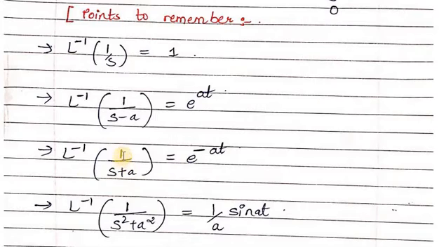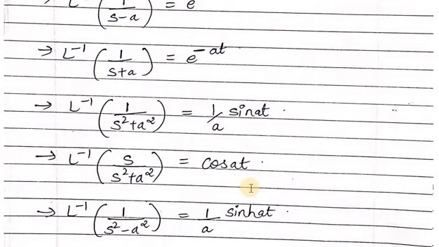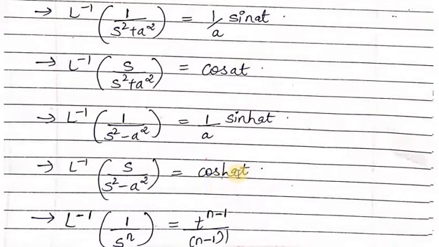L inverse of 1 over s plus a is e raised to minus at. Inverse Laplace of 1 over s square plus a square equals sine at by a. Inverse Laplace transform of s upon s square plus a square is cos at.